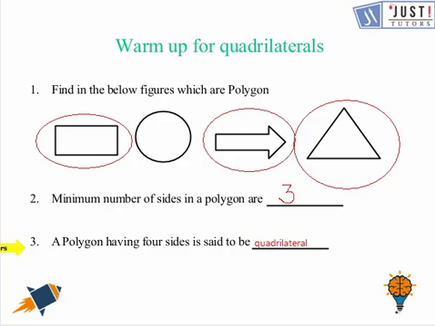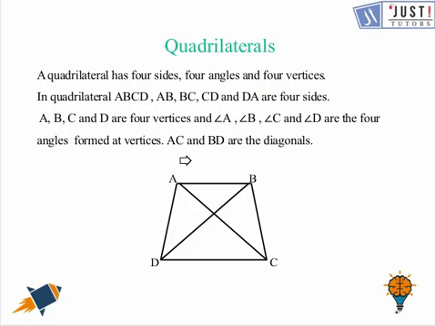Now let's proceed with introduction to quadrilaterals, what they exactly are. A quadrilateral is a polygon which has 4 sides, 4 angles and 4 vertices. So we have a quadrilateral given here. Here AB, BC, CD and AD are 4 sides.